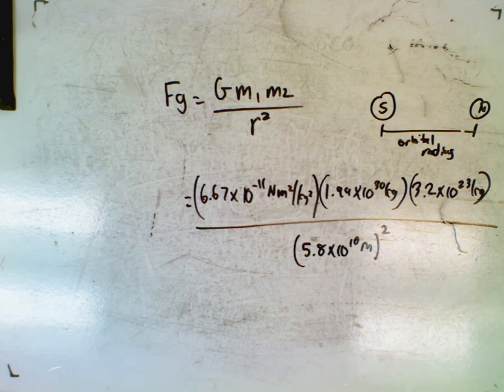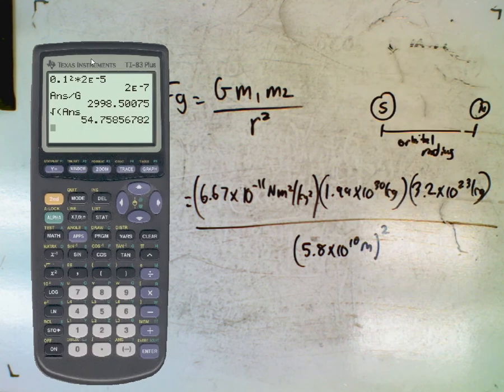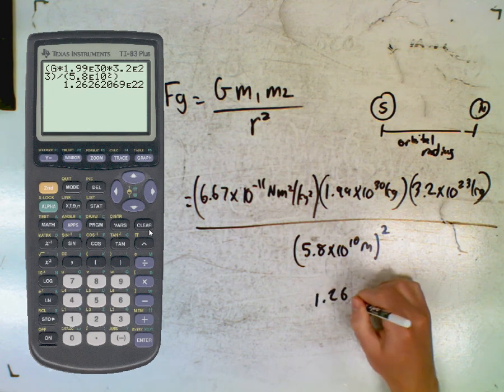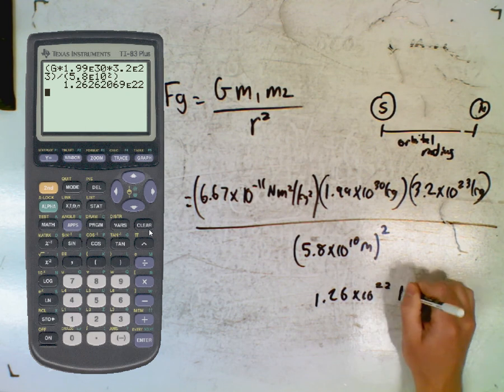So I plug all that into my calculator: G times 1.99 times 10 to the 30 times 3.2 times 10 to the 23, all divided by 5.8 times 10 to the 10 squared. And I get the force of gravity the sun exerts on Mercury to be 1.26 times 10 to the 22 newtons.